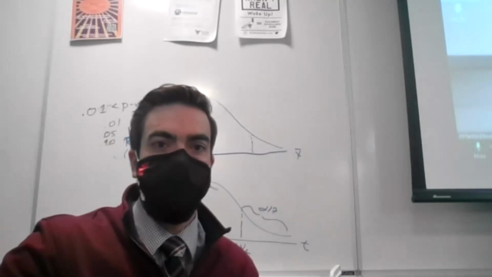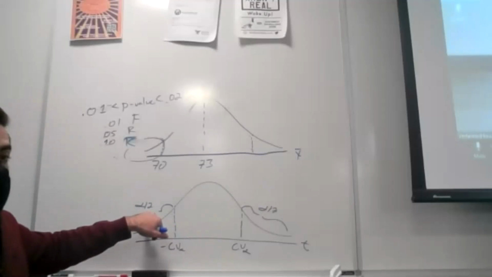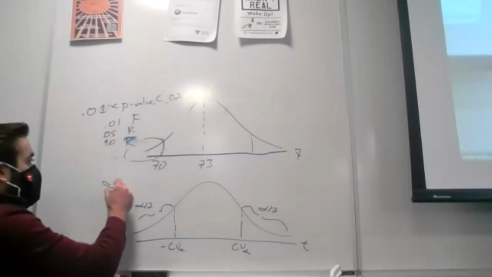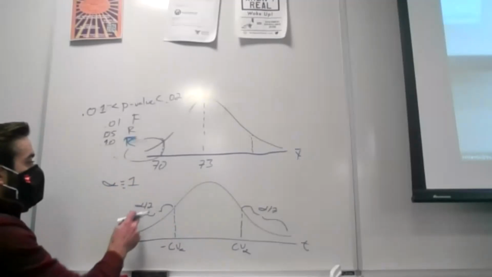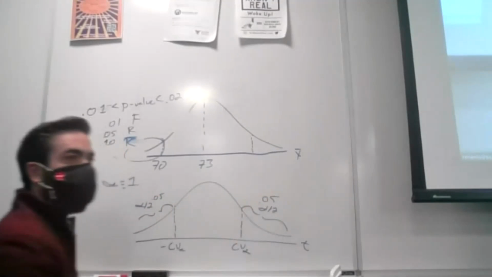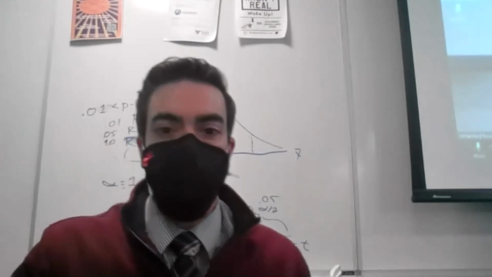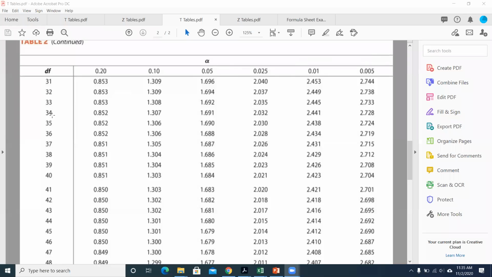So what I'll do is, I'll go to that degrees of freedom. What's the area that I want in my tail? Well, let's say we start out with this alpha of 0.1 first. When I divide that by 2, I would have 0.05 in each tail. So I'll look up 0.05 and find the t-value. That would give me 0.05 in the tail at degrees of freedom 34, 1.691.